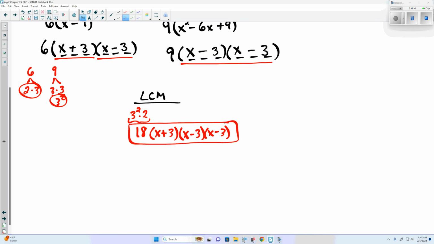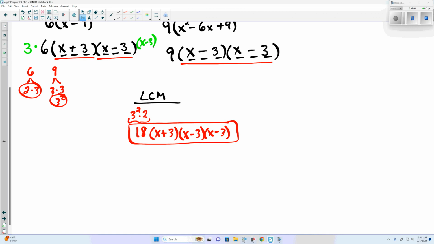So our least common multiple, what the denominators would have to be if these were our expressions, would be 18 times x plus 3 times x minus 3 times x minus 3. And to get them to be the same, the one on the left, we would have to multiply this by 3 to get our 18, and we need a second x minus 3 for them to be the same.